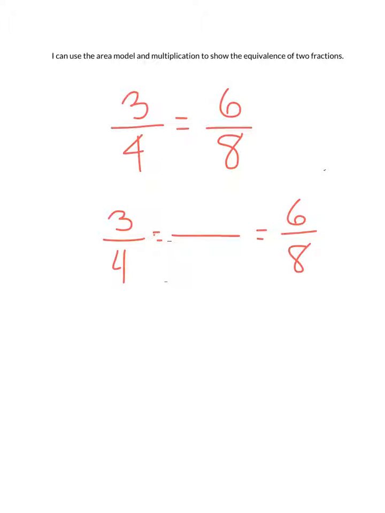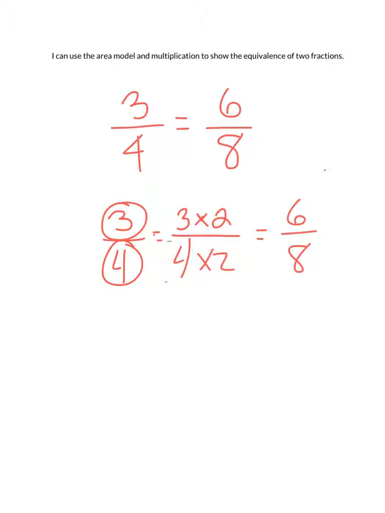So 3 times 2 is 6, so that works. And I know that whatever I do to the numerator, I've also got to do to the denominator. So 4 times 2 is 8. So I've checked with multiplication, and now I know that 3/4 is equivalent to 6/8. That number sentence is true.